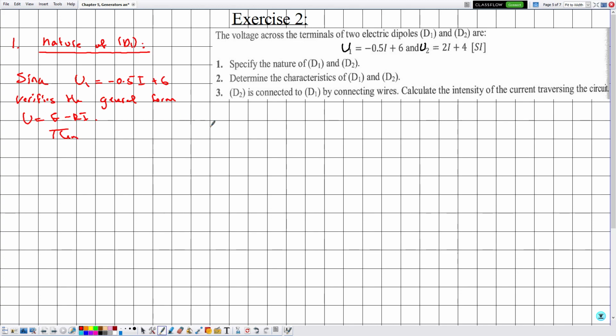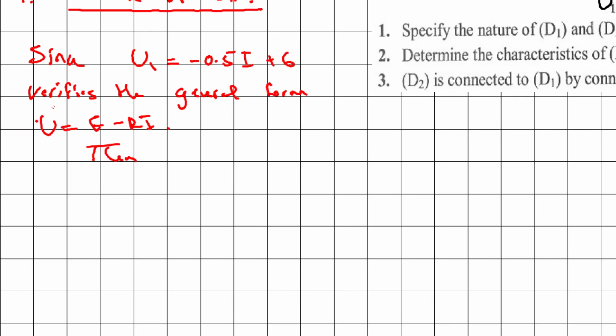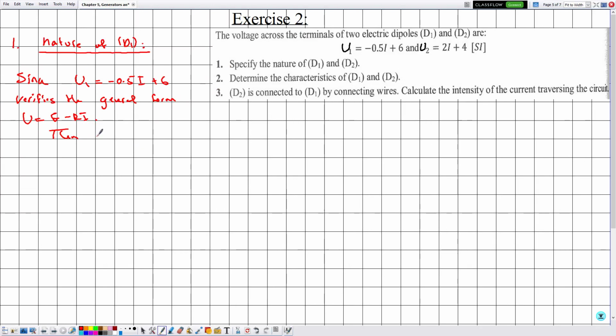Then here we need to mention the law that we have referred to in order to write this equation. Then according to Ohm's law, D1 is a generator.